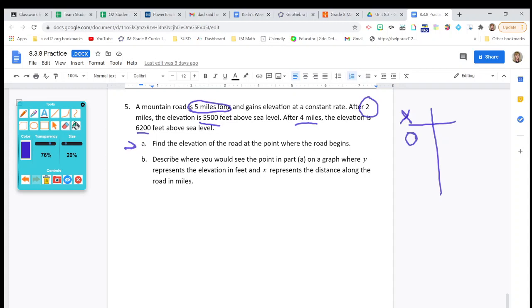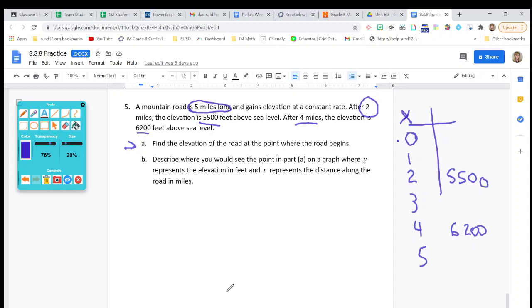And then we're going to have the first mile, second mile, third mile, fourth mile, fifth mile, something like that. They tell me that after 2 miles, the elevation is 5,500 feet. They tell me that after 4 miles, the elevation is 6,200 feet.